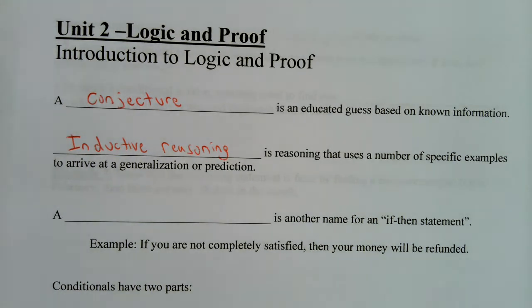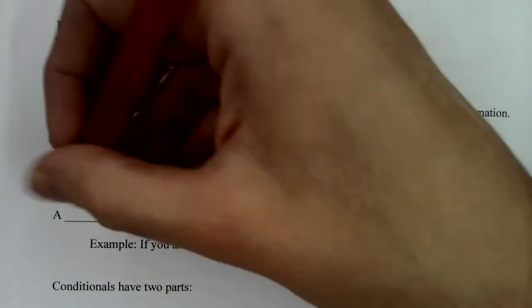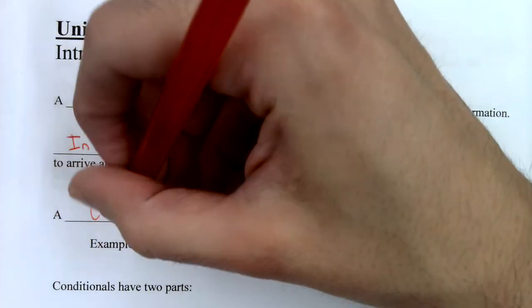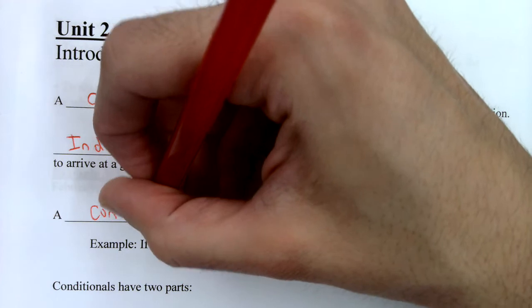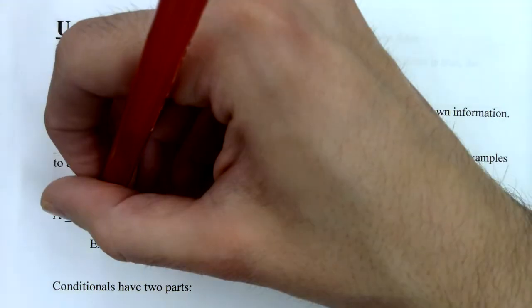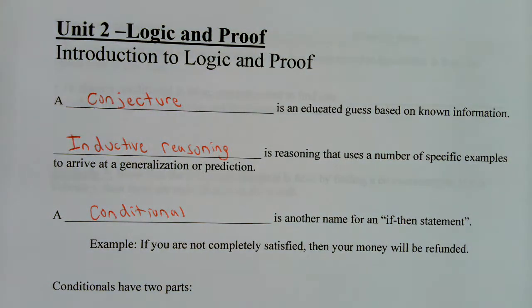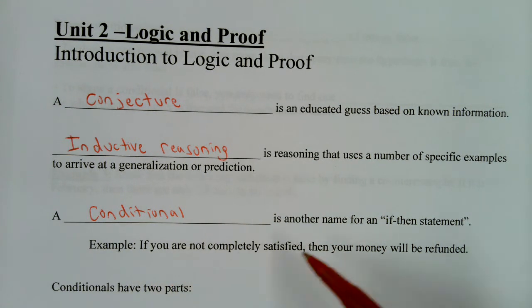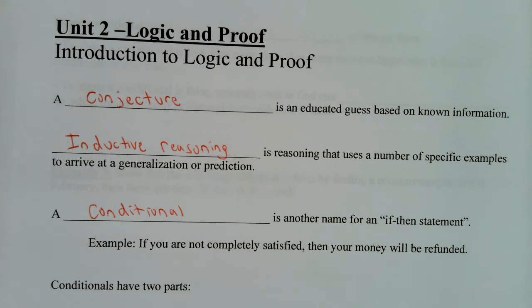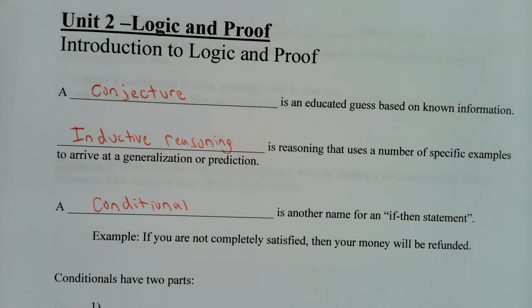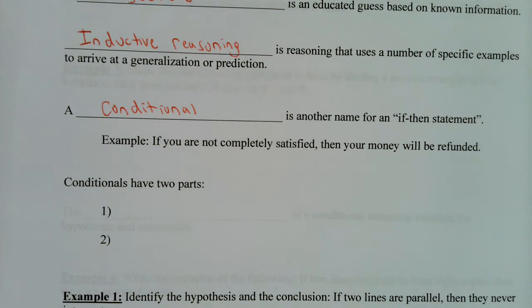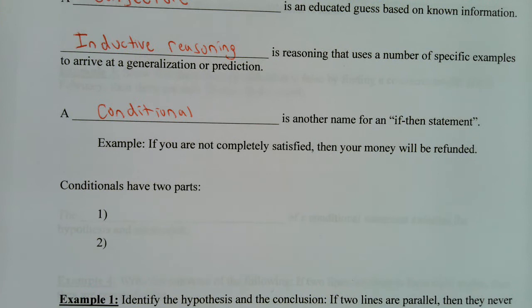Okay, one more definition now is called a conditional or a conditional statement. Okay, I'm just going to say a conditional. A conditional is another name for an if-then statement. For example, if you are not completely satisfied, then your money will be refunded. Conditionals have two parts. They have the part that follows the word if.